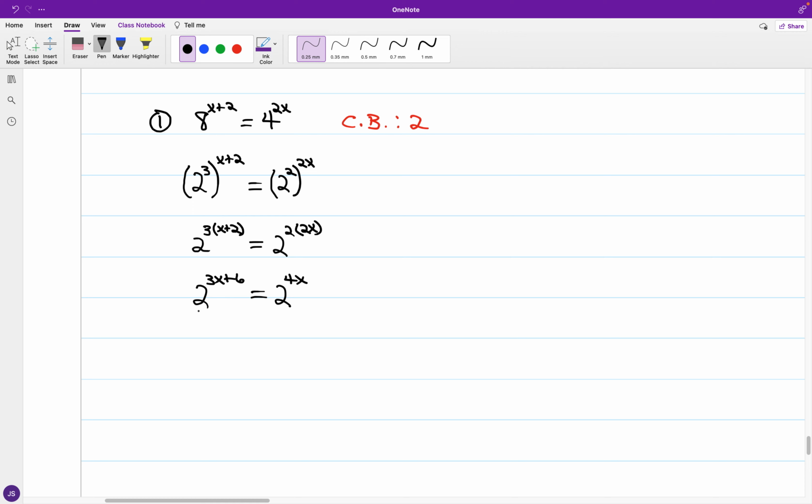Nothing extra like the inverse rule or the power or product property of exponents, for I now have single base 2 terms, and so the light is green to go ahead and take the powers and set them equal to each other. So here we got 3x plus 6 is equal to 4x.